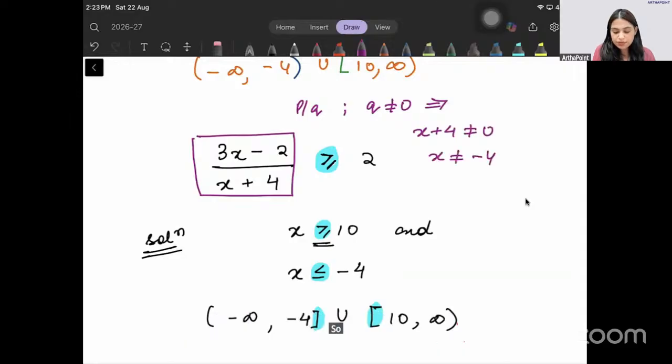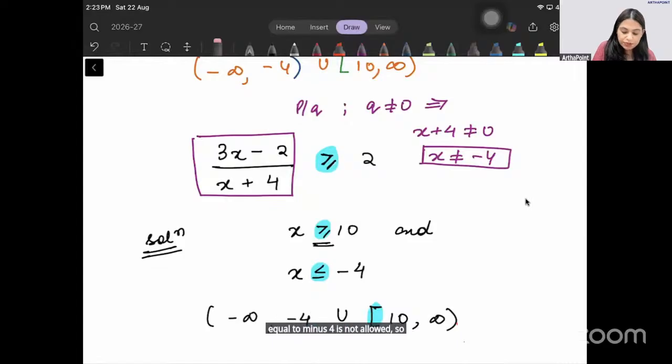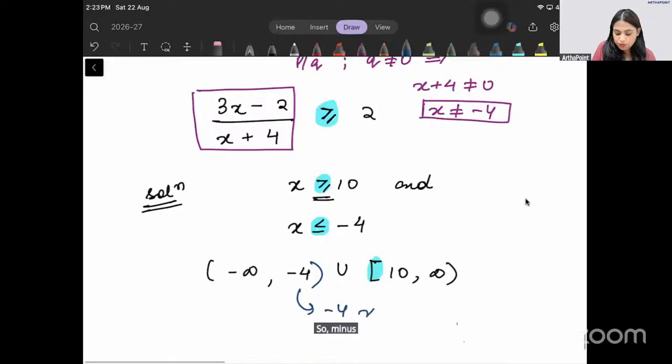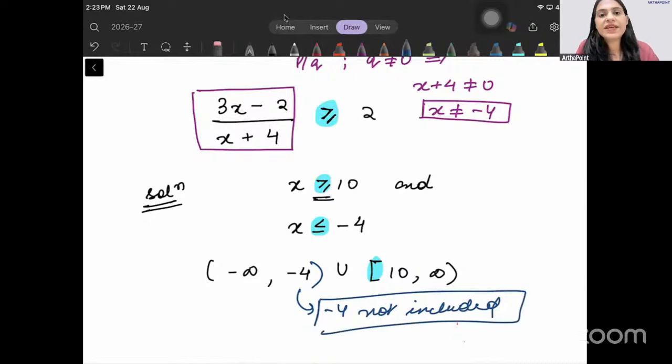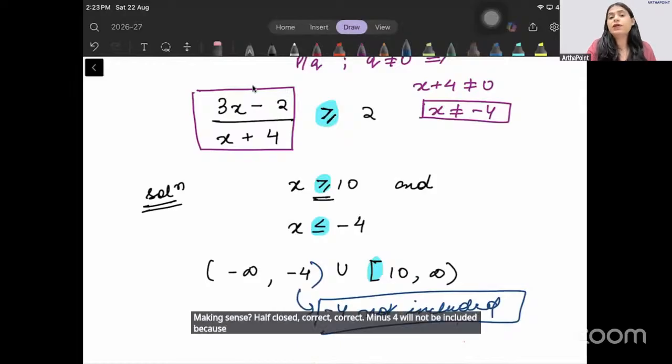So x cannot be -4. So x equal to -4 is not allowed. So this will still be an open bracket. So -4 will still not be included. Making sense? Half closed. Correct. -4 will not be included because the denominator will be non-zero.